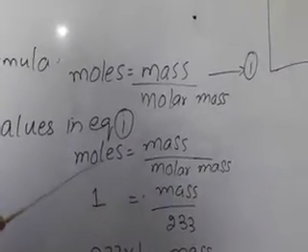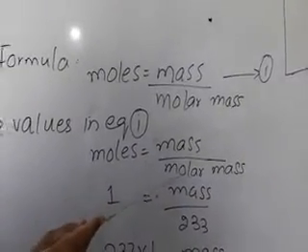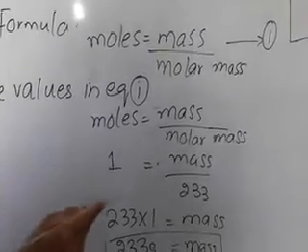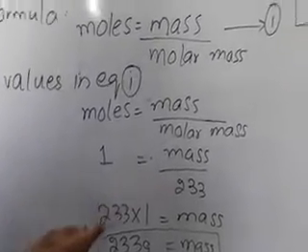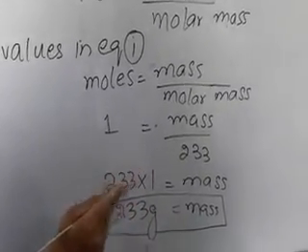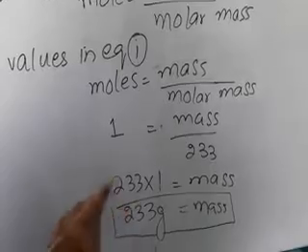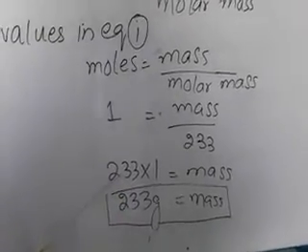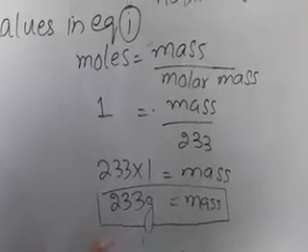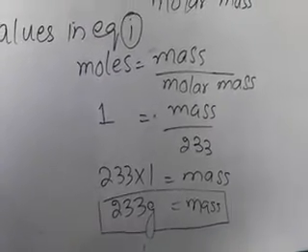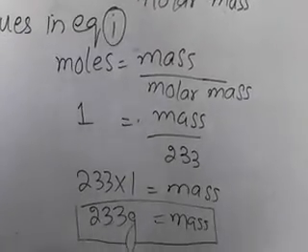Moles 1, mass to be calculated, molar mass 233. You are going to calculate mass, so take 233 on the other side of the equation by multiplying both sides. So mass will be equal to 1 multiplied with 233. Mass equals 233 grams.